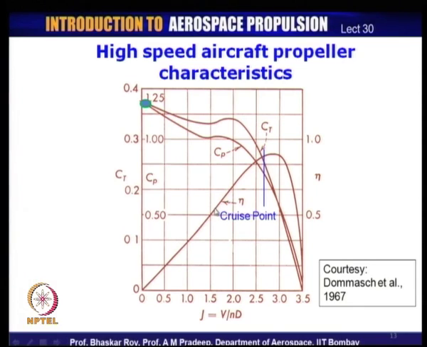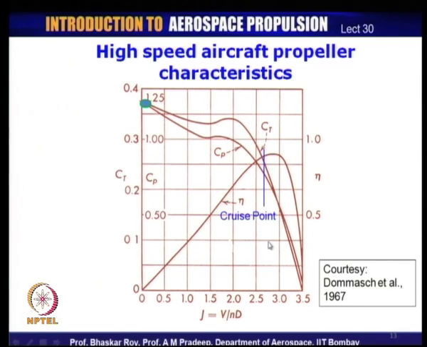We can have a quick look at the high speed aircraft, where again the cruise is somewhere near the maximum propeller efficiency to get the best fuel efficiency of the power plant. It does not use the maximum power or maximum thrust coefficient, which are typically the highest near the takeoff, and that is where you need to create maximum thrust for the takeoff and the climb operation.